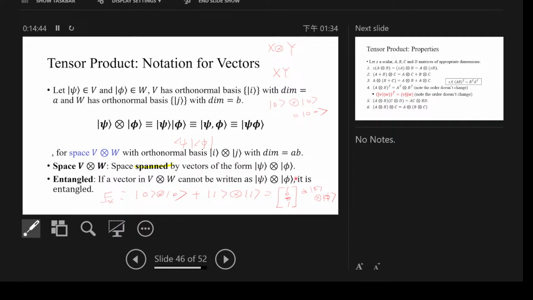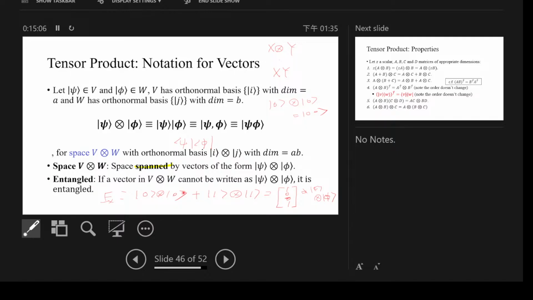Okay, and here we have just a quick example, which I think is probably also in your homework. You can have the vector 0 tensor 0 plus 1 tensor 1. 0 tensor 0 is obviously in this tensor form, and 1 tensor 1 is also obviously in this tensor form.